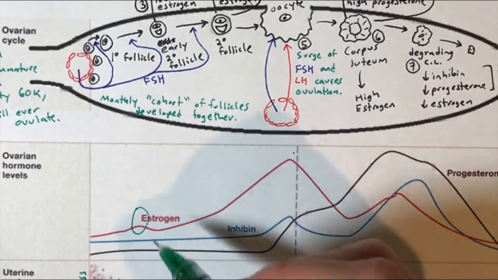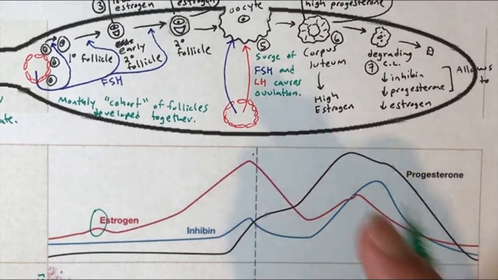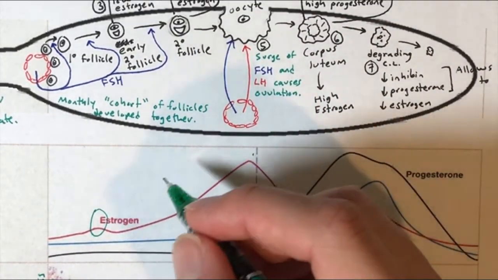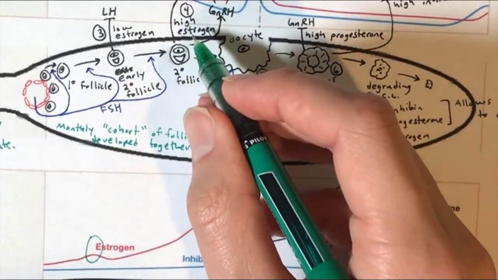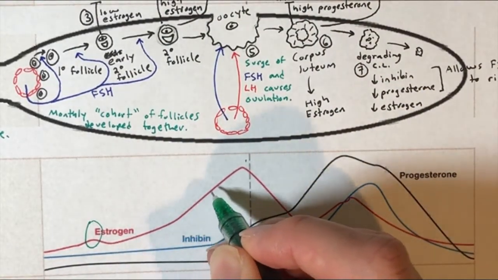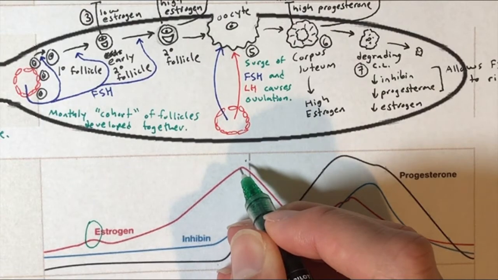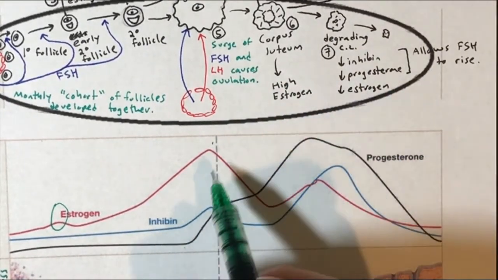So we get that little bump from the early secondary follicle. And then as the secondary follicle is maturing, it's producing more and more estrogen. So here we can see the estrogen concentration is going up, peaking at a certain point right before ovulation.